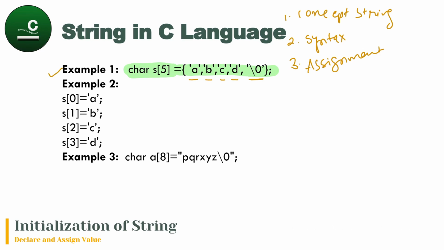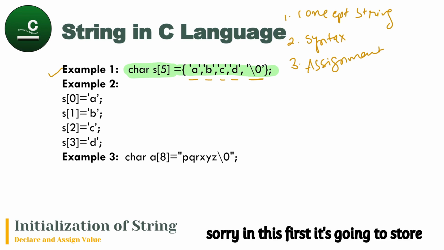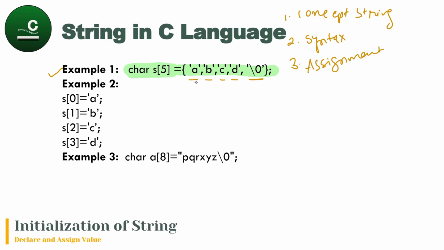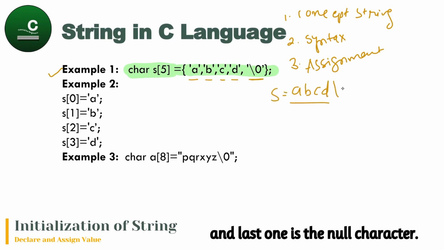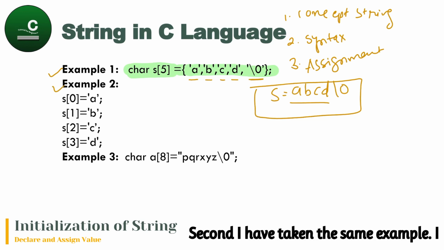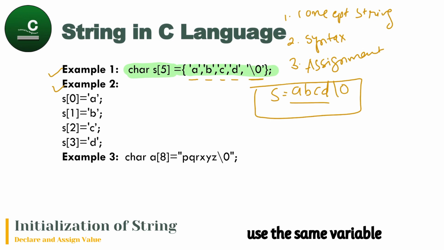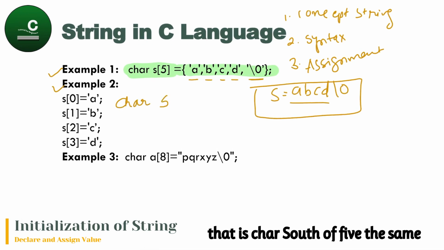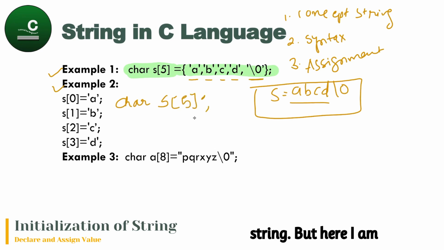In this first example it is going to store A, B, C, D in s, and the last one is the null character. Second, I have taken the same example, the same variable, char s of 5, the same string.